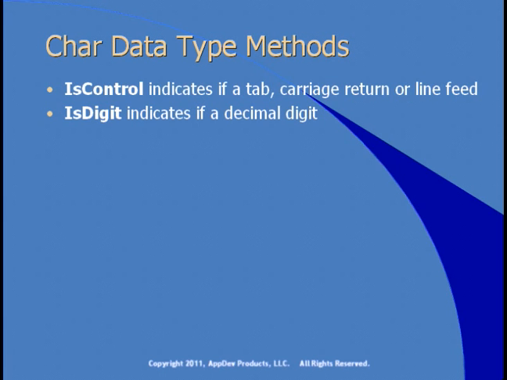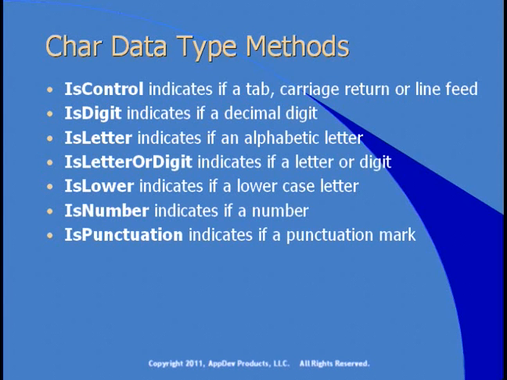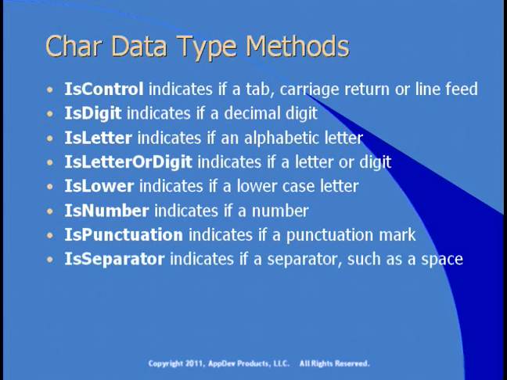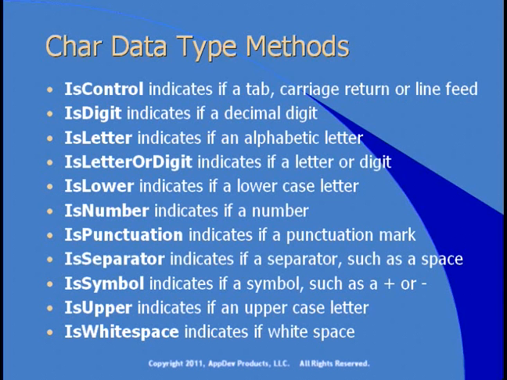Is it a digit, a letter or a digit? Is it lowercase? Is it a number? Is it punctuation? Is it a separator, such as a space? Is it a symbol, a plus sign, a minus sign, for example? Is it uppercase? Is it white space? You can use these methods to determine what type of character you're working with.